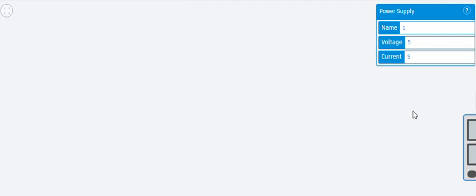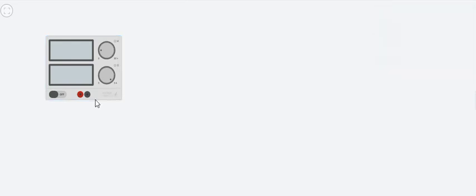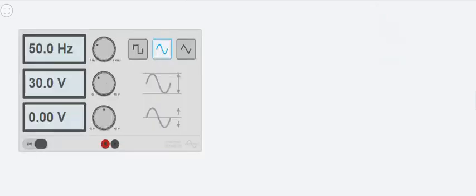So we have a power supply here, and this power supply will be giving us our AC. So we are using a function generator instead of a power supply. Workbench is giving us DC instead of AC. So we decided to use a function generator that can actually give us a sinusoidal wave.